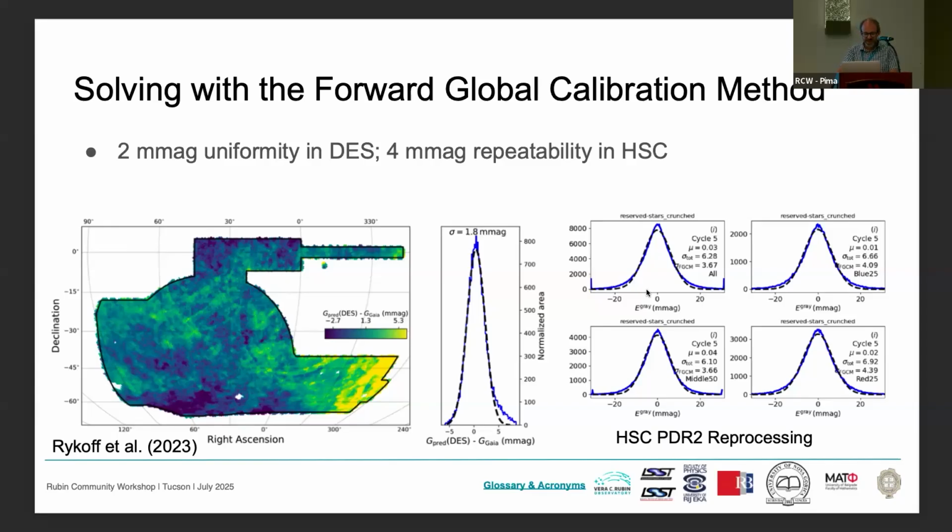Something was going on in the corner. You can talk to me about that later if you have ideas. And a lot of the features here, you can actually see the Gaia bandpass. This is from GDR3. Oh, this is HSC is 3 to 4 millimags right there from PDR2.